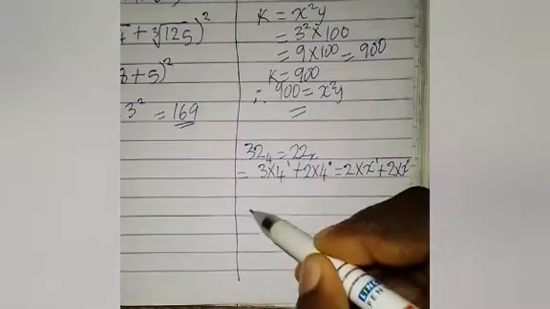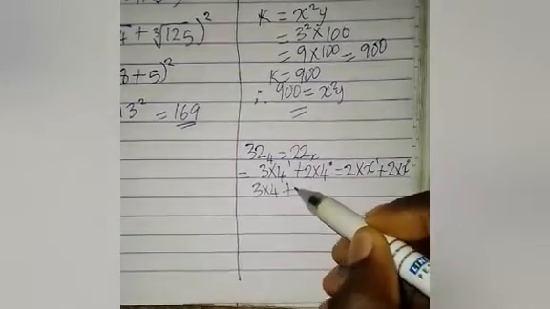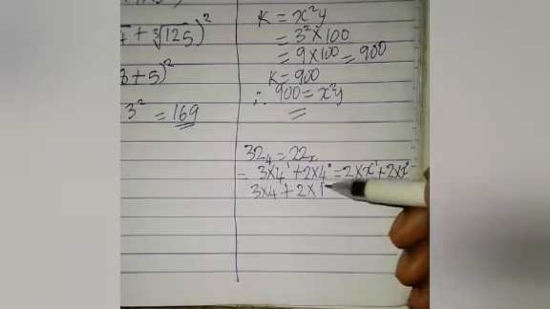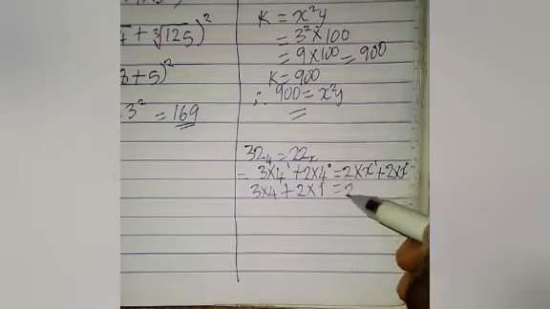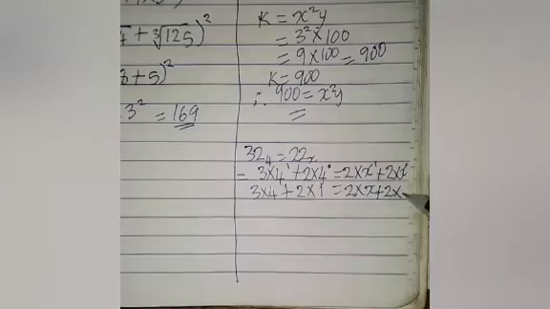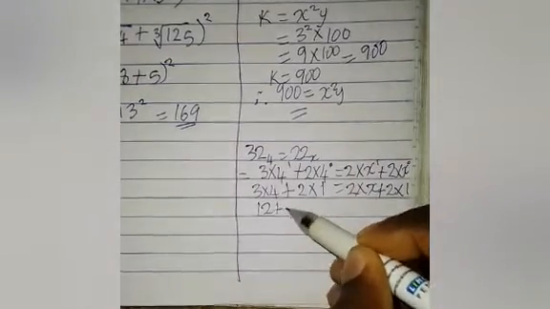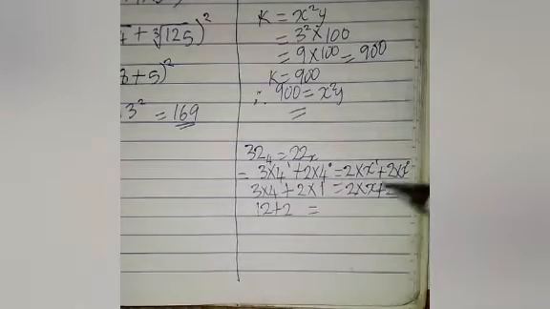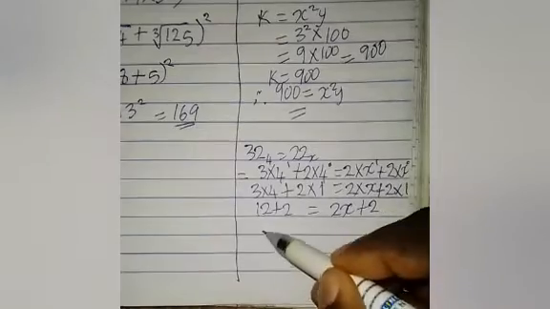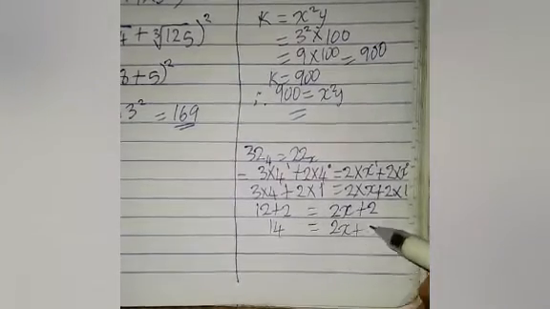4 raised to power 1 is the same as 4, so we have 3 times 4 plus 2 times 1. 4 raised to power 0 is 1. 2 times x plus 2 times 1. 3 times 4, 12, plus 2 is equal to 2x plus 2. 14 is equal to 2x plus 2.